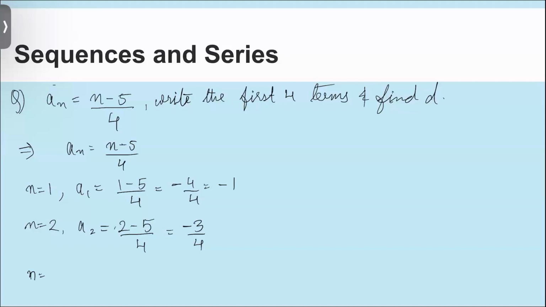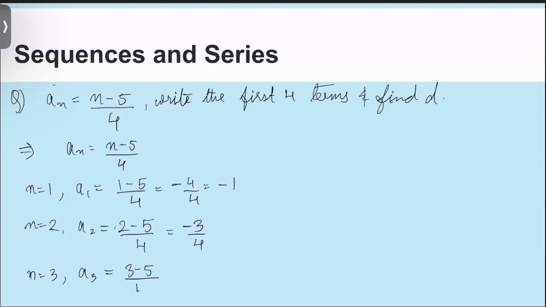For n equal to 3, a3 is (3 minus 5) by 4, which is minus 2 by 4, that is minus 1 upon 2.